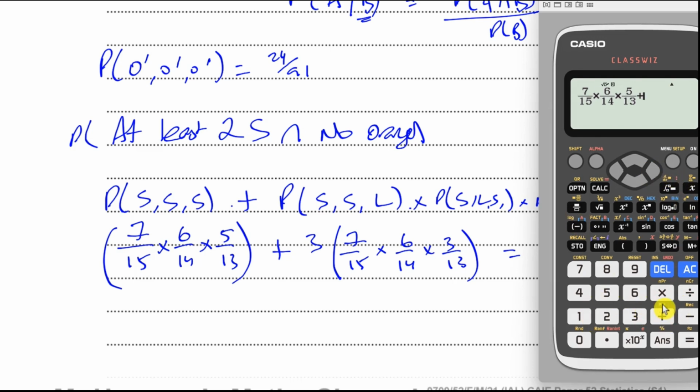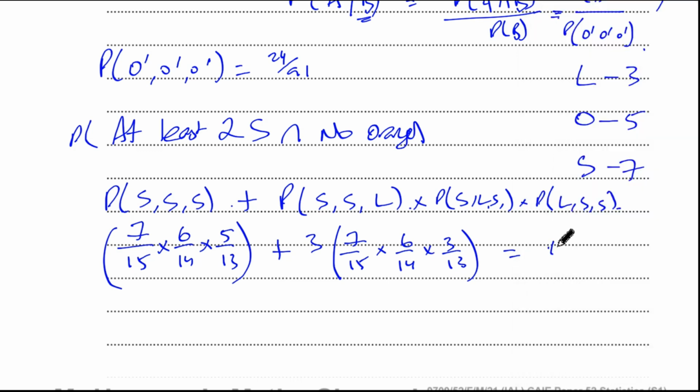Then we add to that 3 times 7 over 15 times 6 over 14 times 3 over 13. And that gives us 14 over 65.